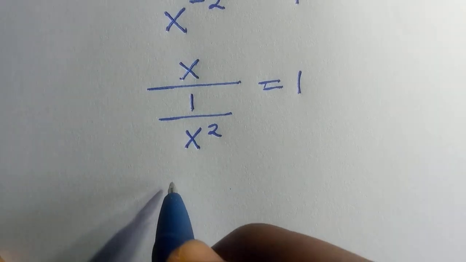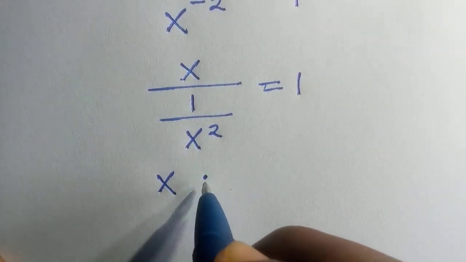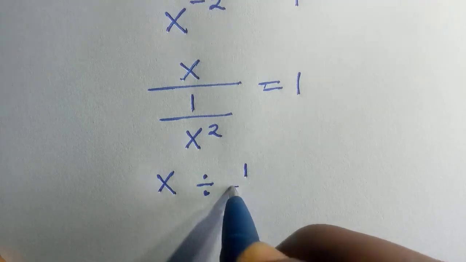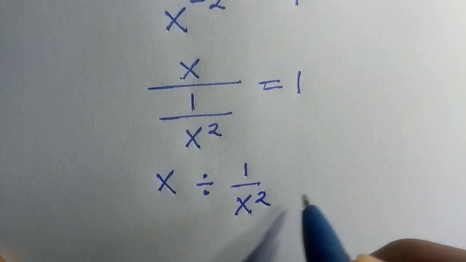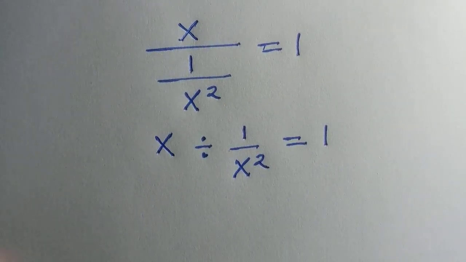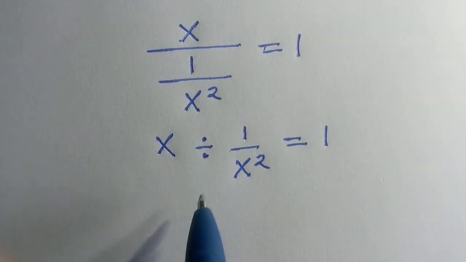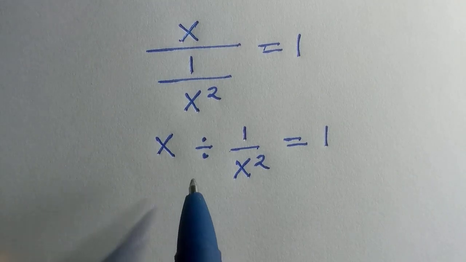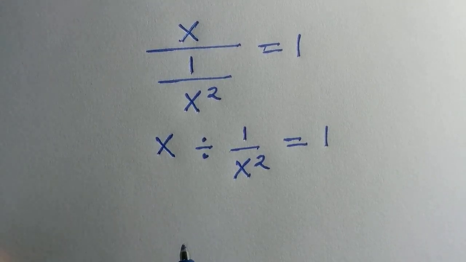So we write it as x divided by 1 divided by x squared equals 1. I will change this division to multiplication by the rule of reciprocal.